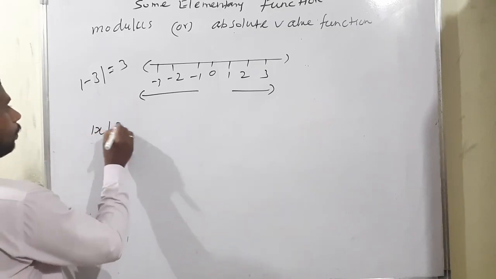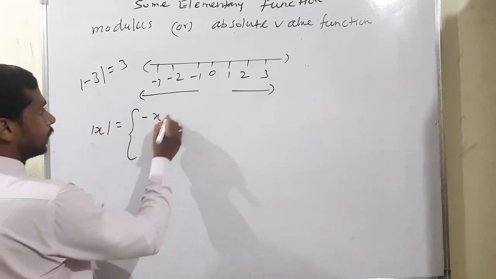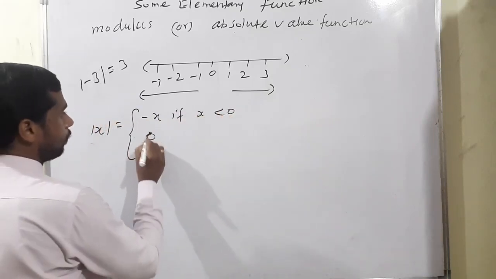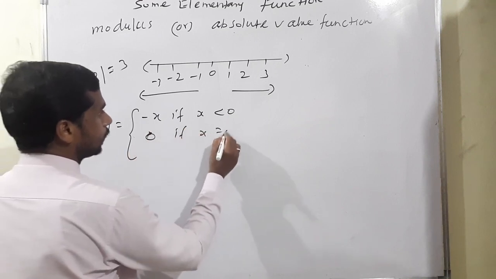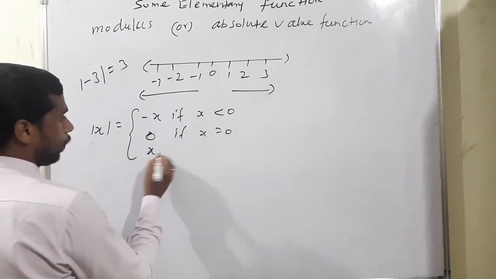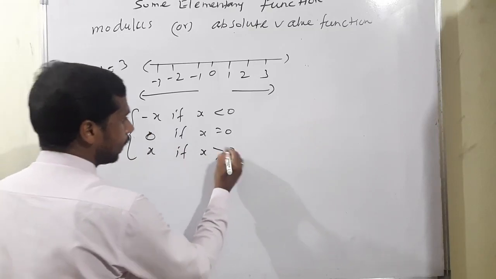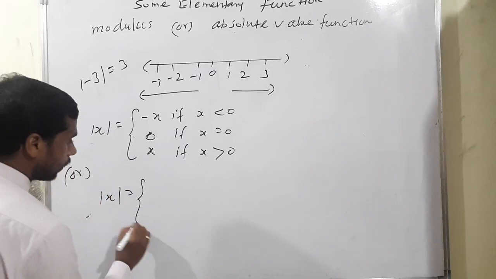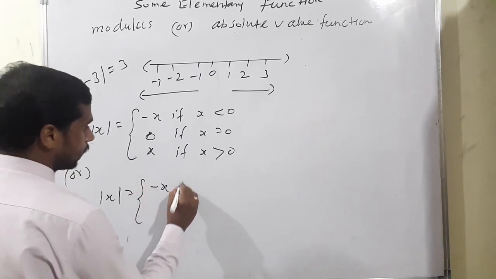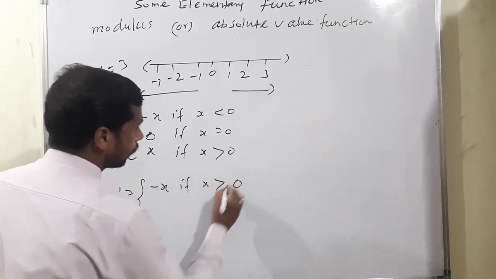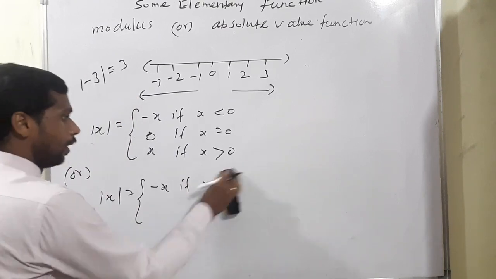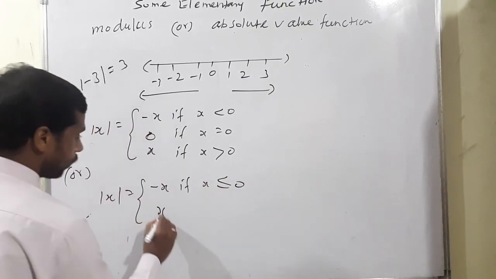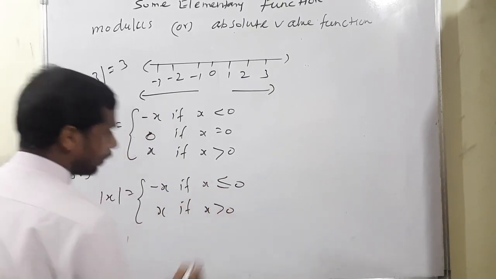For example, modulus x, we can write it as minus x if x is less than 0, and at the same time 0 if x is equal to 0, and positive x if x is greater than 0. Or the same function we can write as modulus x equal to minus x if x is less than or equal to 0, and positive x if x is greater than 0.